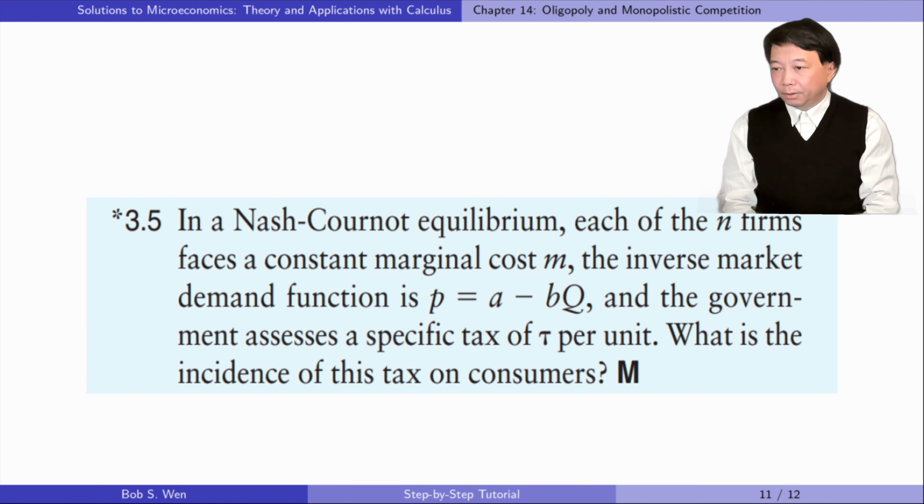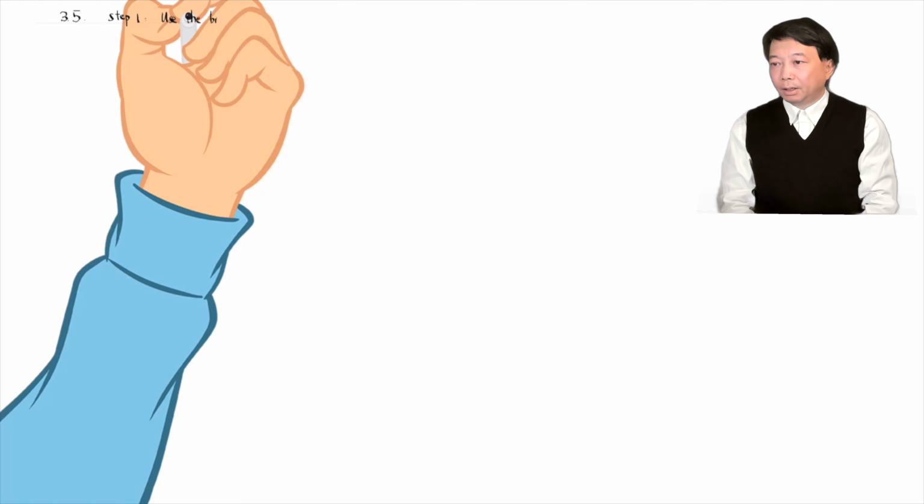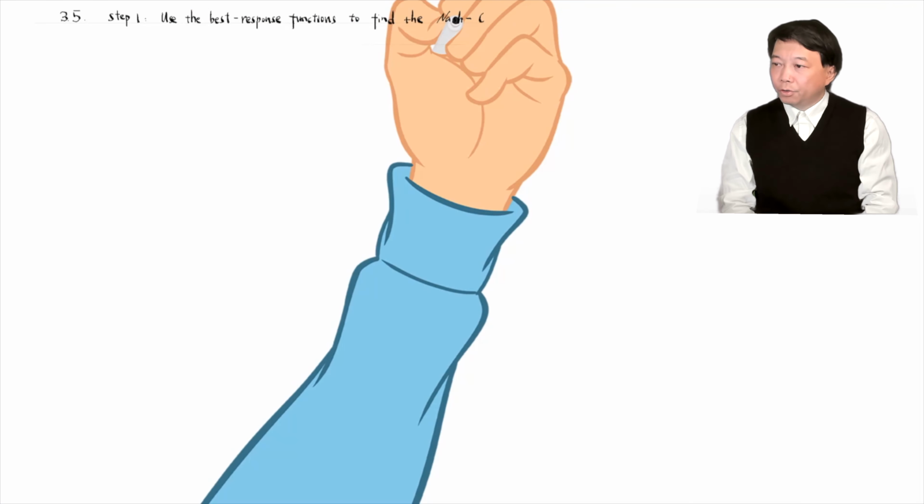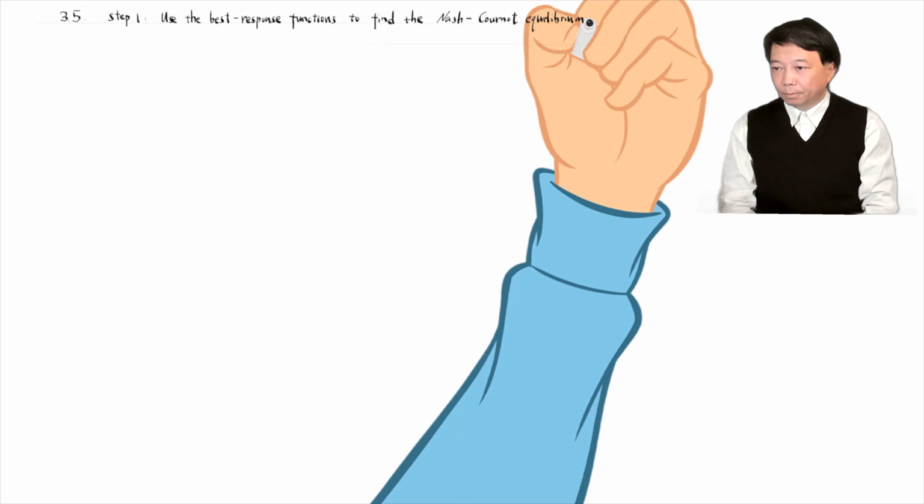What is the incidence of this tax on consumers? We can find the incidence of the tax on consumers in 2 steps. In the first step, we derive the Nash-Cournot equilibrium price using the best response functions. In the second step, we determine how the tax affects the price.